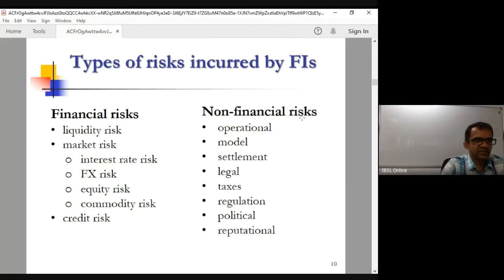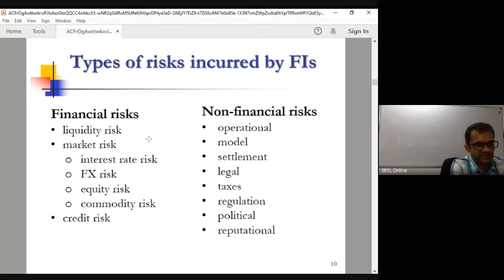Financial risk and non-financial risk. Financial risk, as mentioned earlier, includes liquidity risk. The liquidity risk is very important for financial institutions that we discuss here: banks, finance companies, insurance companies, and things like that. And market risk.